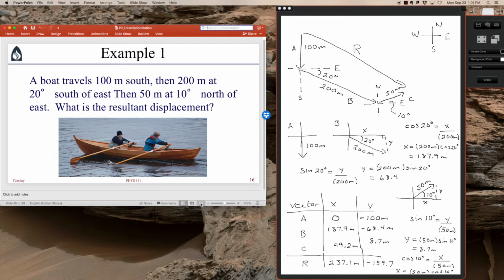So now that I have the x and y components of my resultant vector, I can go ahead and find the length and the direction of that resultant vector. I'll need to erase this so I have more room.